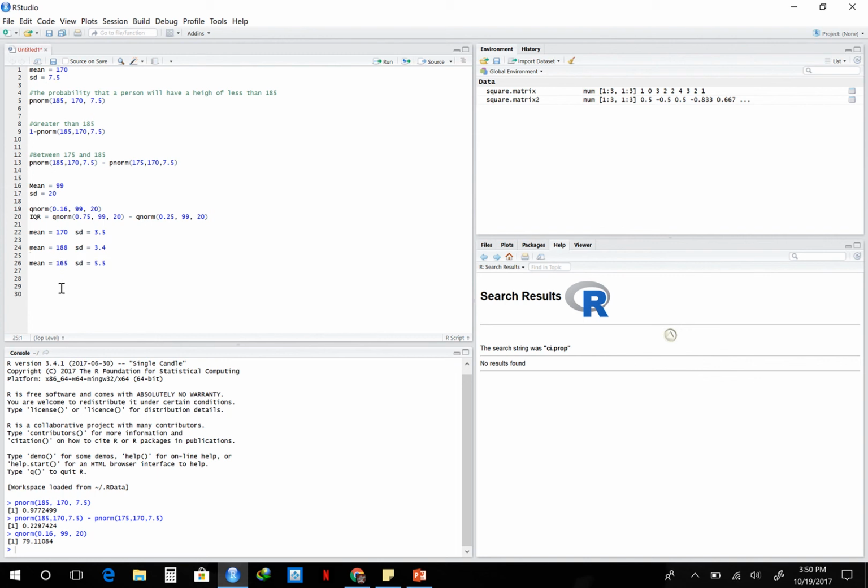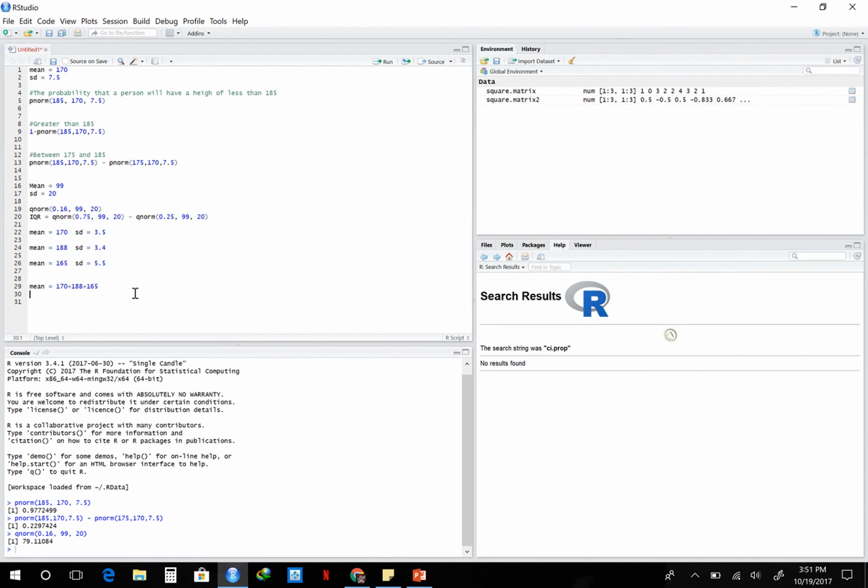And we want to find the mean height of all the people and the standard deviation of all the people that are given. So for the mean, we just need to add up each of the means. The mean for the whole population would be 170 plus 188 plus 165.